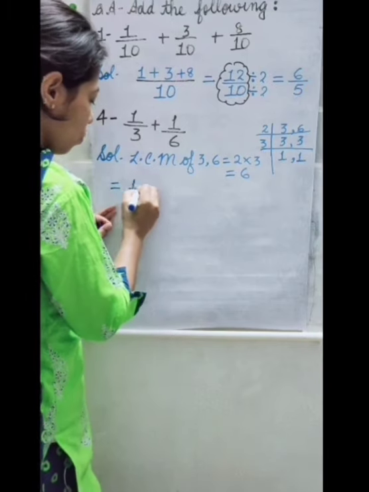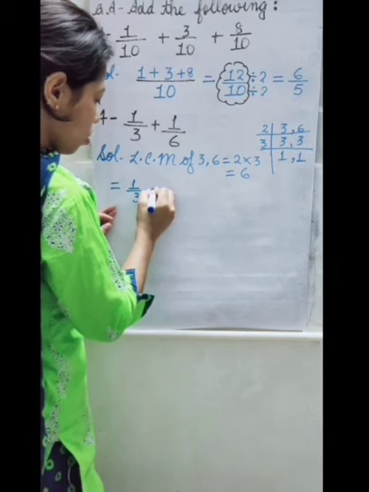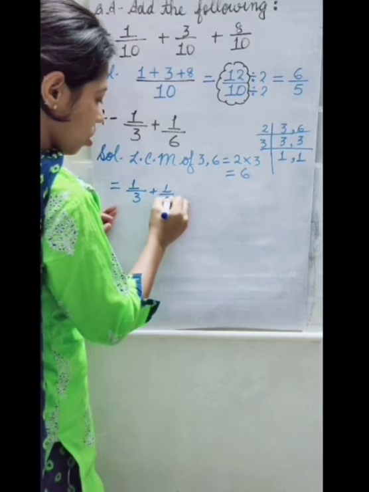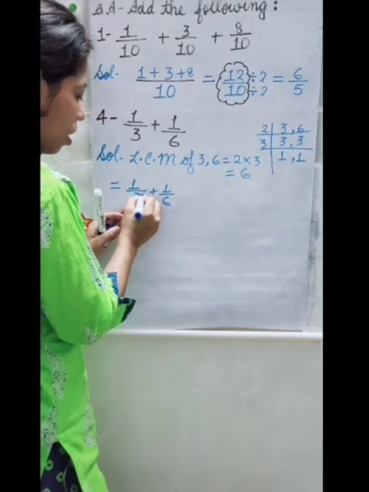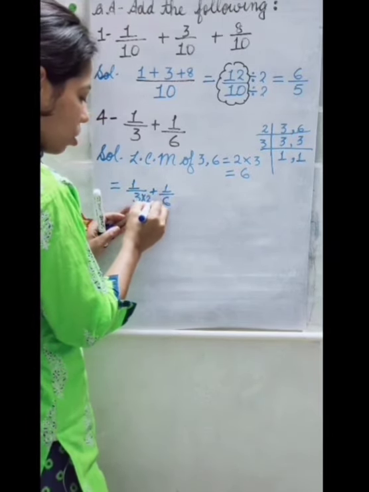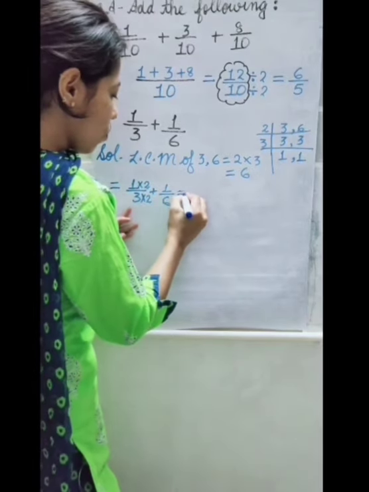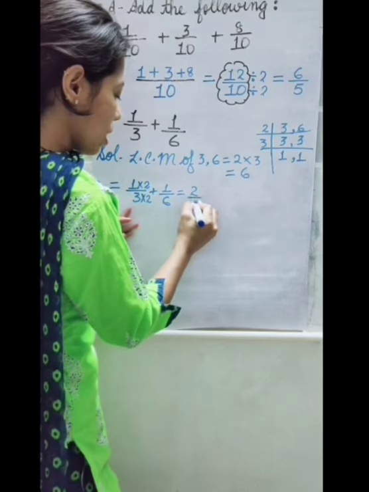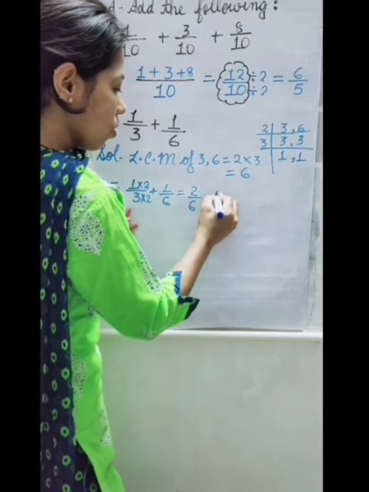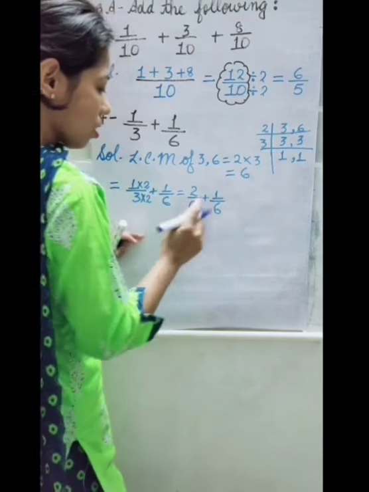So what we will do? We have to change this 3 into 6. And how will we do it? By multiplying this 3 by 2. So in the next step we will get 2 by 6 plus 1 by 6.